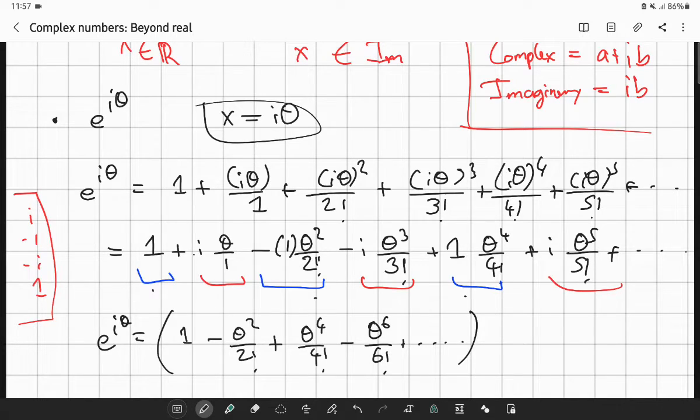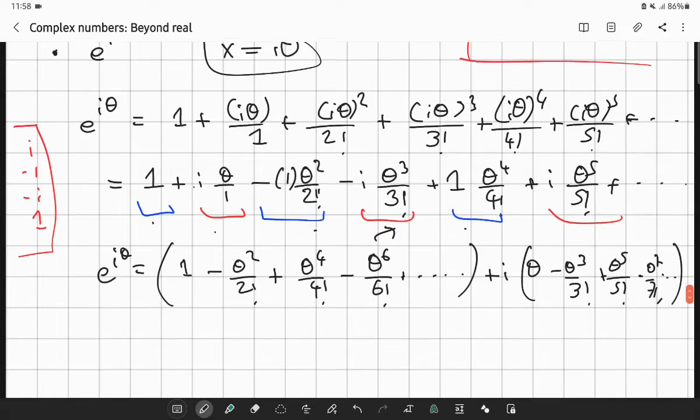And the red terms, if I take the i outside, what will be remaining inside the bracket? Inside the bracket, I'll have theta minus theta cubed over 3 factorial plus theta raised to 5 over 5 factorial minus theta raised to 7 over 7 factorial, and so on, all the infinite terms.